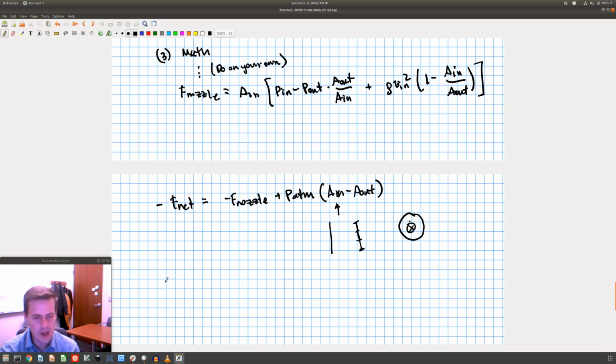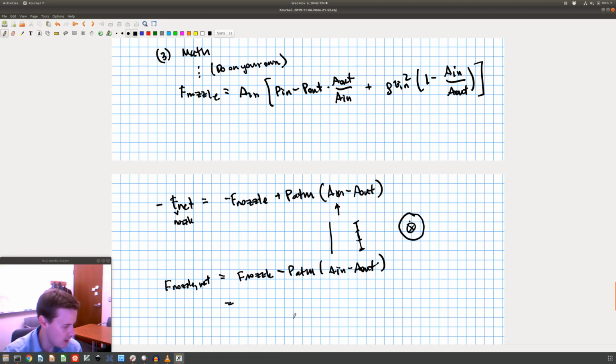All right. So now if I want to look at the F on the nozzle net, I'm going to get F nozzle minus P atmosphere times A in minus A out. I can take F nozzle right there and put that piece in there, and a little bit of algebra will show.